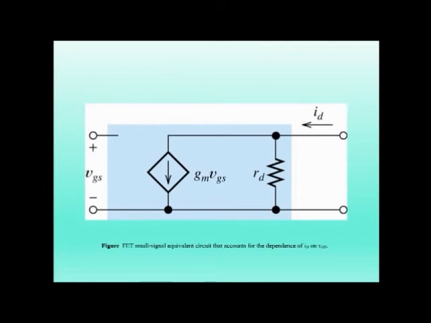So these are some diagrams of the FET small signal equivalent circuit, and that accounts for the dependence of ID and VDS. So the analysis of these types of circuit will give some plots of graphs, and that is very important for the analysis of the variation of ID with respect to VDS.